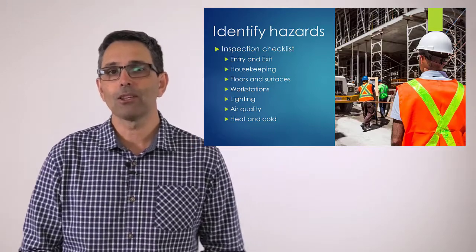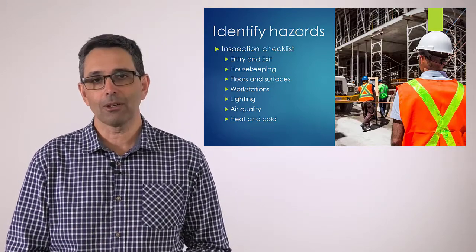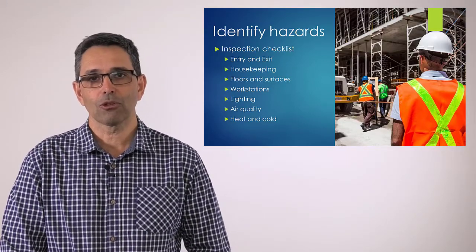Alright, when it comes to the work environment, this is the environment that we pretty much are working in. It could be different things for different workplaces, but it's just a general workplace that we're talking about here. Not talking about processes or tasks or anything like that, it's just where we are. And here we're going to be mainly using our inspection checklist to identify different potential hazards there.